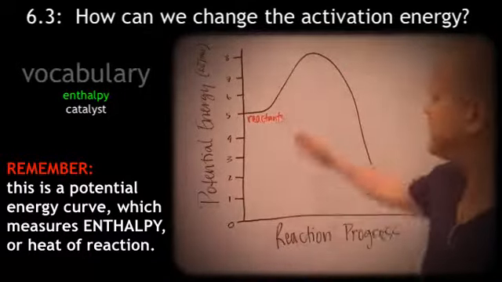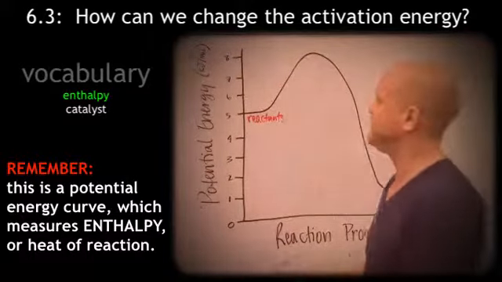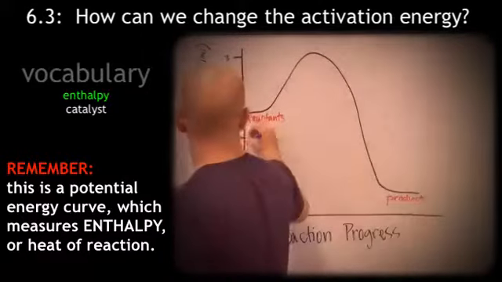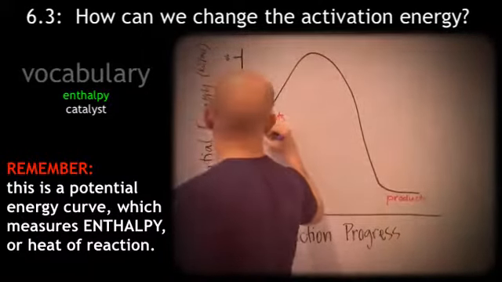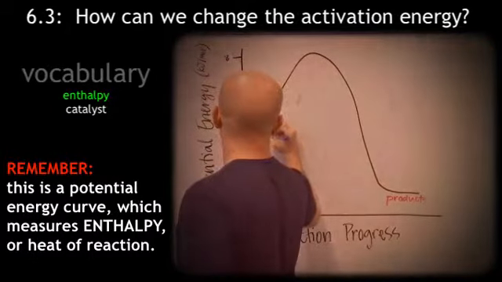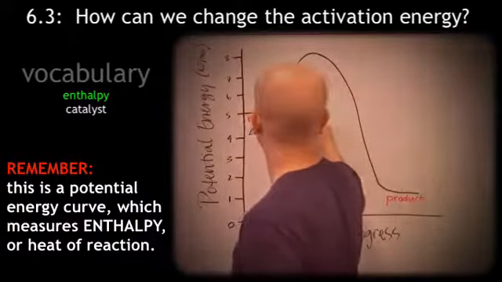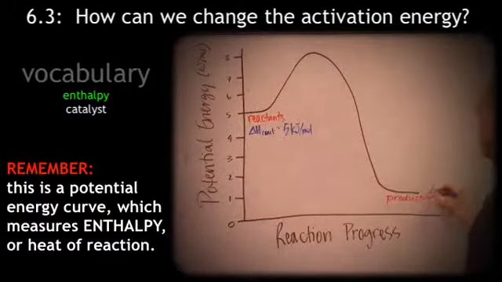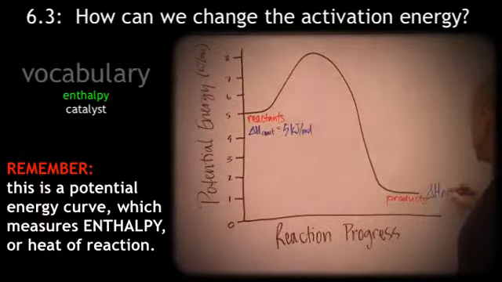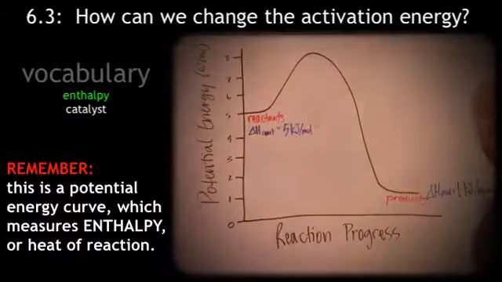If we look right here, the delta H of the reactants is 5 kilojoules per mole, and the delta H of the products is 1 kilojoule per mole.